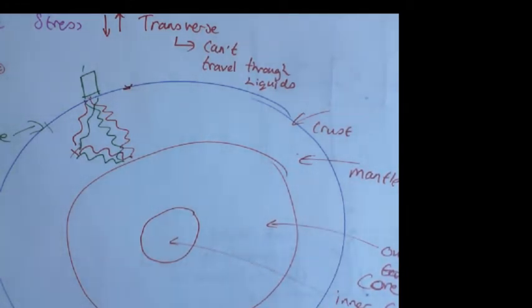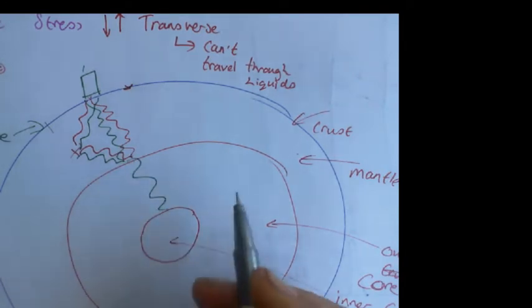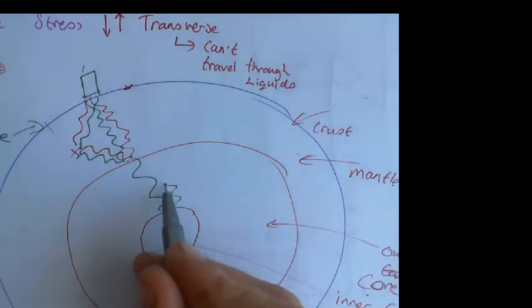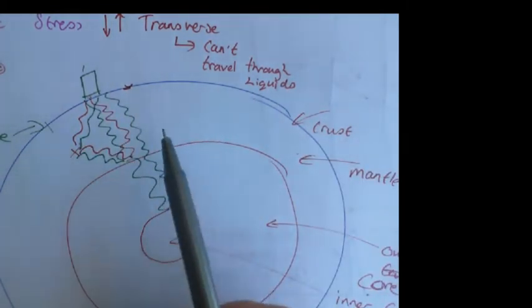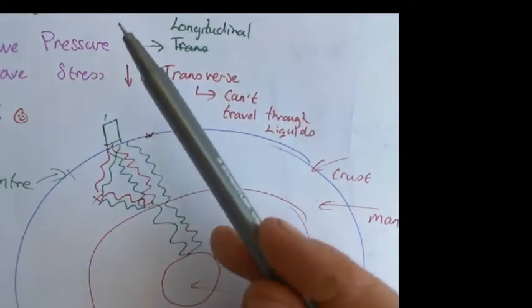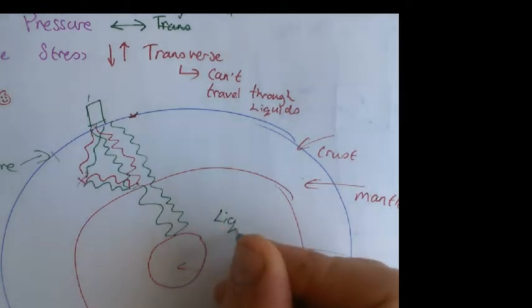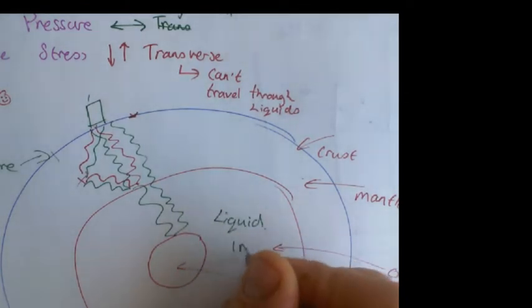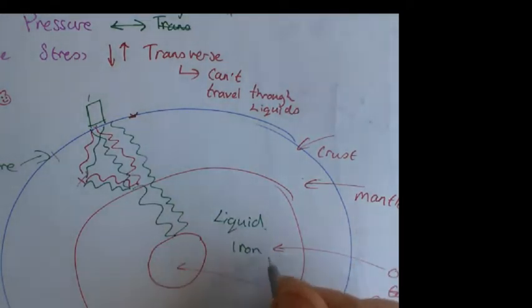Okay, what we've got next is the outer core. And what happens with the outer core is this: you get another reflection a little bit later, but this time the only one that comes back is the P wave, and that tells you that the outer core must be a liquid, and in fact we know it's liquid iron, and nickel, sorry, iron plus nickel.